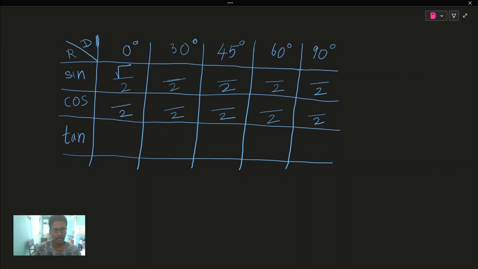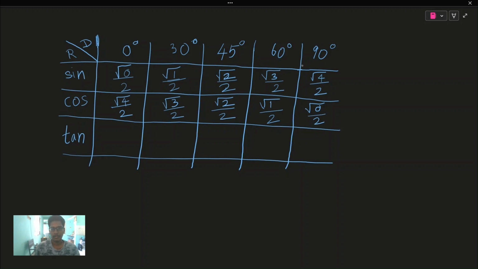Put root over in numerator, and now in sine put 0, 1, 2, 3 and 4, and in cos 4, 3, 2, 1 and 0.